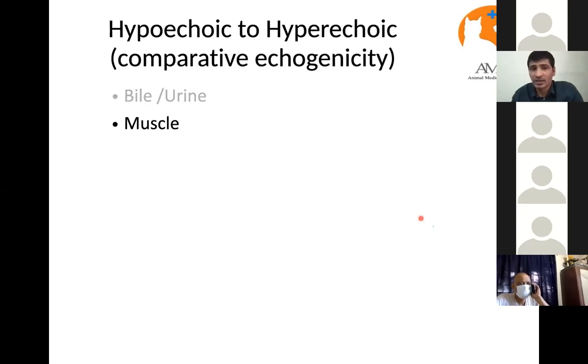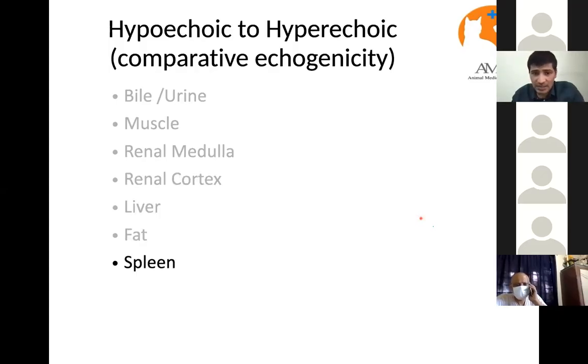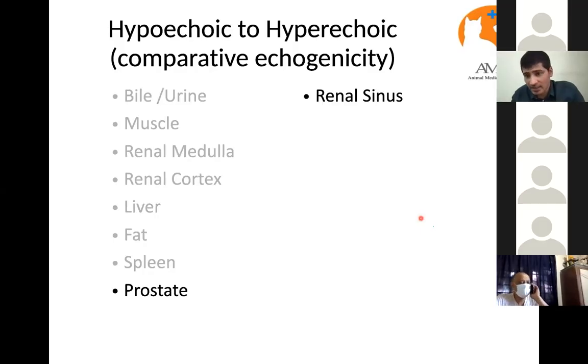After that, muscle, renal medulla, renal cortex, liver, fat, and spleen, prostate, and the renal sinus, because inside the kidney there is different echogenicity. You can see some black, some really white, and some gray. So you can see here renal medulla is more black than renal cortex. Renal cortex is more black than renal sinus. That means renal sinus is more white than the renal cortex. So these are the things what we need to understand.